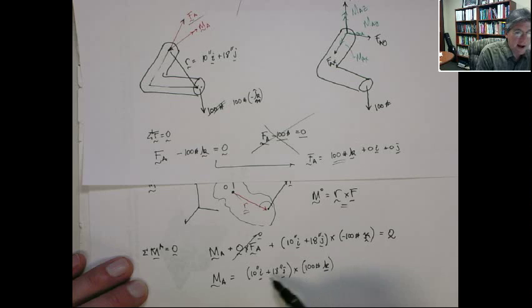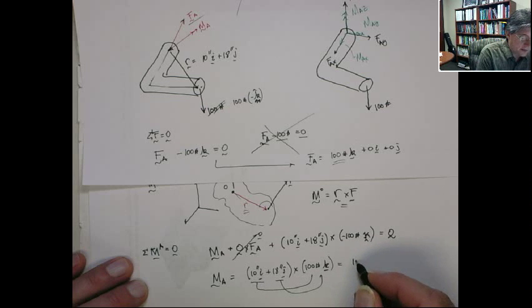All right. So now, when we do the cross product, it's basically like the product rule for the components. Okay? So we cross this with this, and then we add to it the cross of this and this. So the first component is 10 inches times 100 pounds.